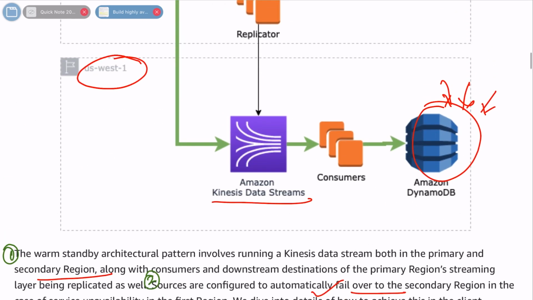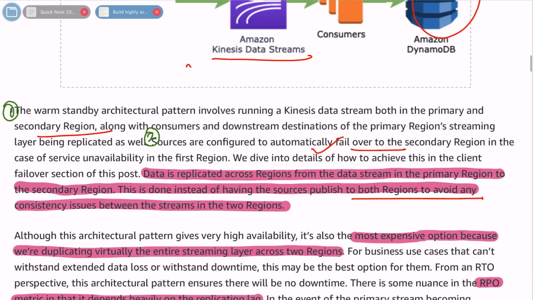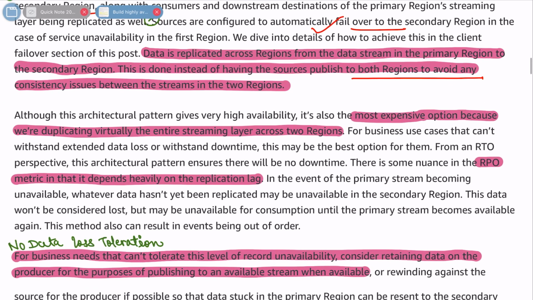Okay, so what we are doing is data is replicated and consumed by Kinesis Data Streams, and then you have the same architecture which you have in region 1. Now this is also the most expensive. We discussed, right, that the warm standby solution is the most expensive solution, and it's also the best one. In system design, it's always about trade-offs, like what is the maximum time that you can sustain if the system goes unavailable.